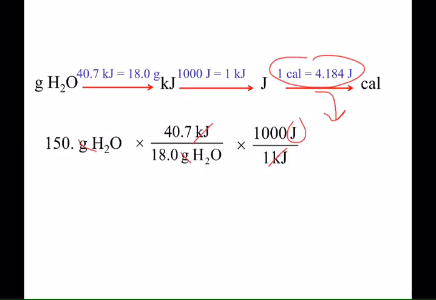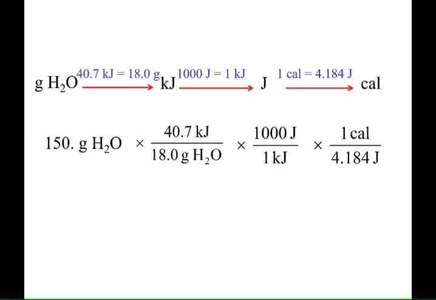Again, we put the units we want to be left with on top, so calories on top, and the units we want to cancel on the bottom, joules. Then bring down the numbers: 1 calorie and 4.184 joules. Very good. So that's the last term.